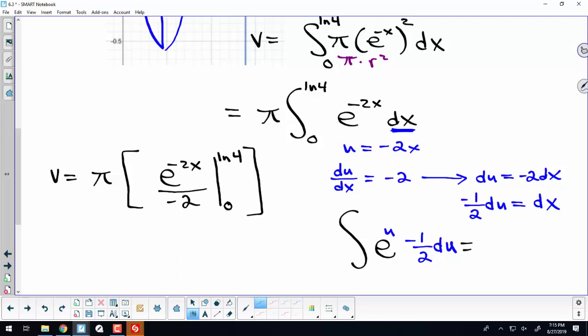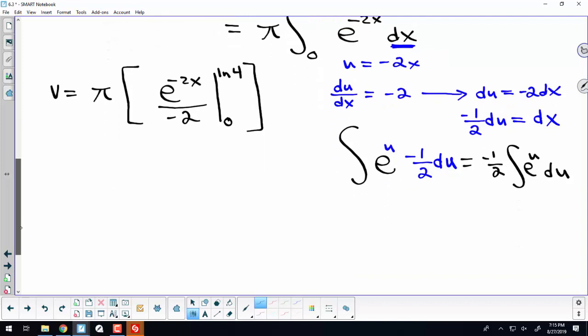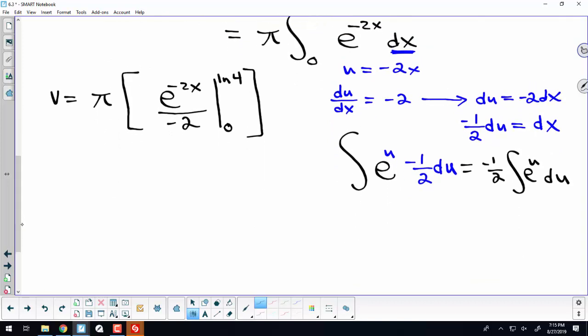That negative 1/2 is a constant, and then we can find the antiderivative of e to the u with respect to u. So it's just e to the u. There's our negative 1/2, or division by negative 2, and there's our e to the u. Sorry if that seems elementary. If it's not, for sure you've got to look over those things.